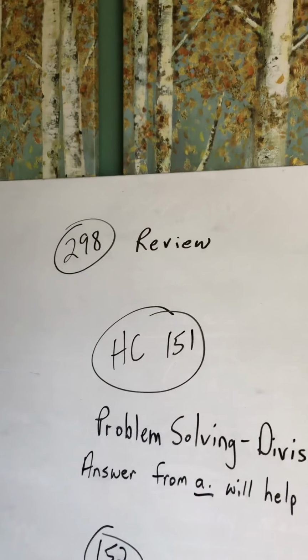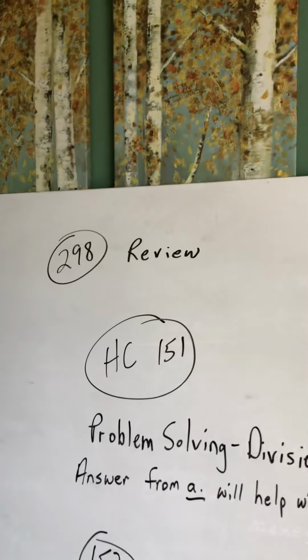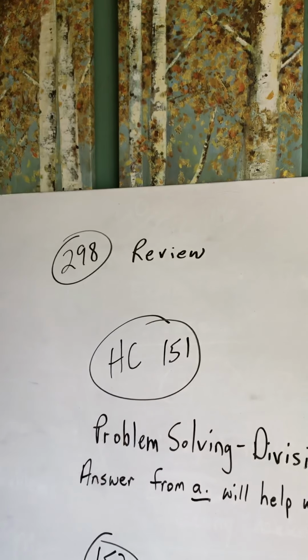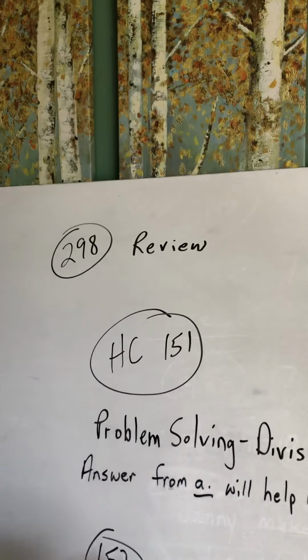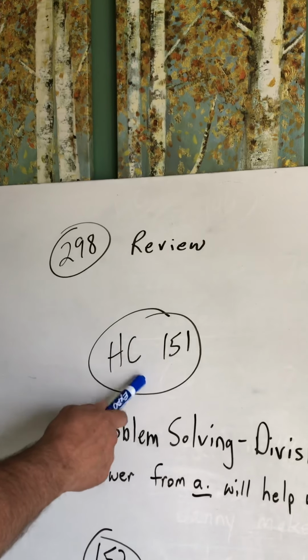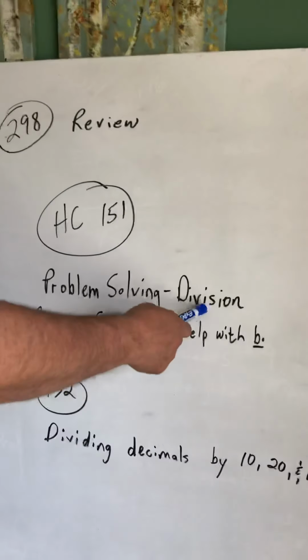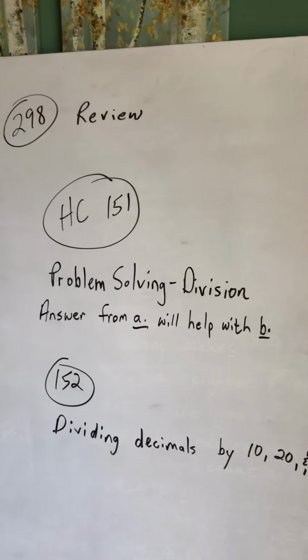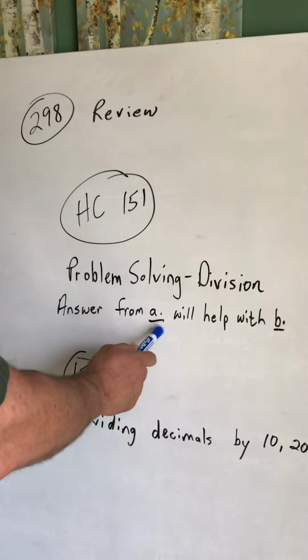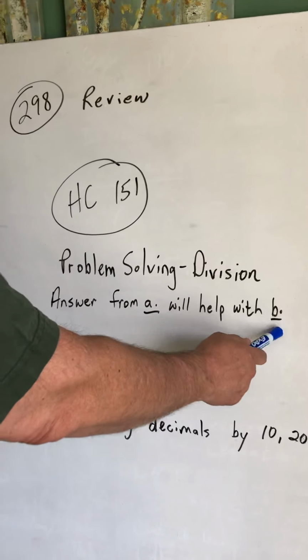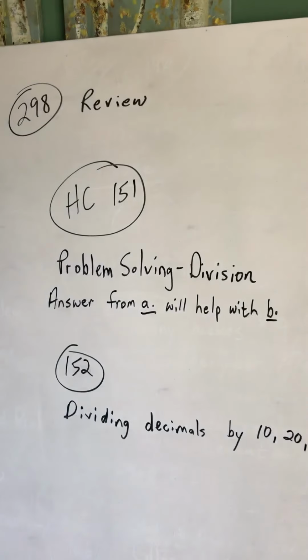298 is just a review from all the stuff we've been doing. Then you have 3 pages of student book and 2 pages of home connection. First one, page 151, you have problem solving with division. I just wanted to remind you that the answer from letter A, the first problem, will help you with letter B, the second problem, okay?